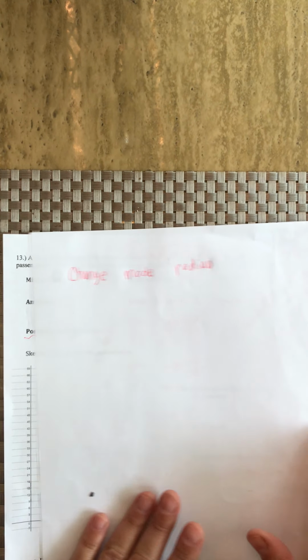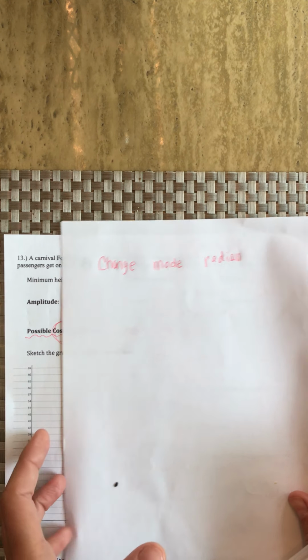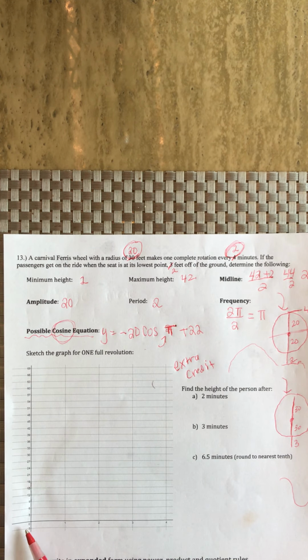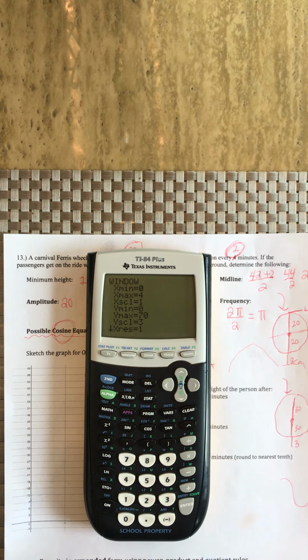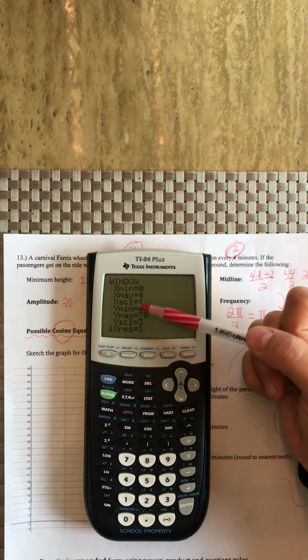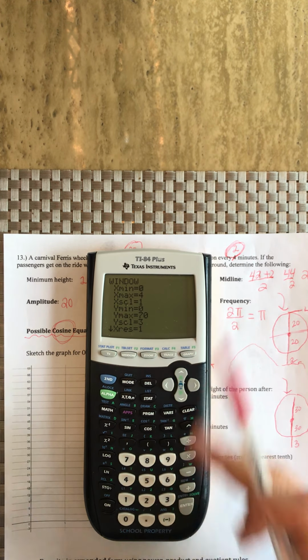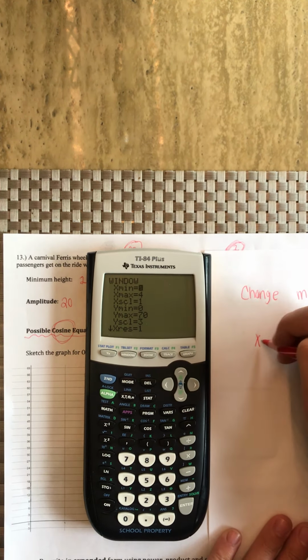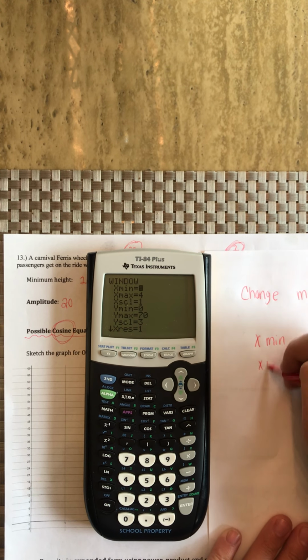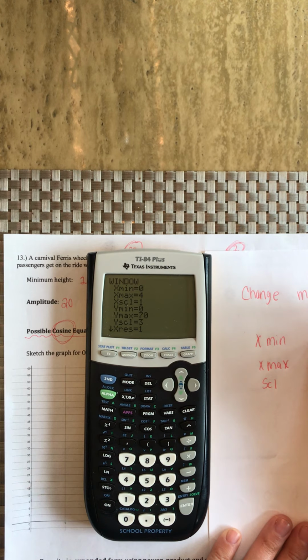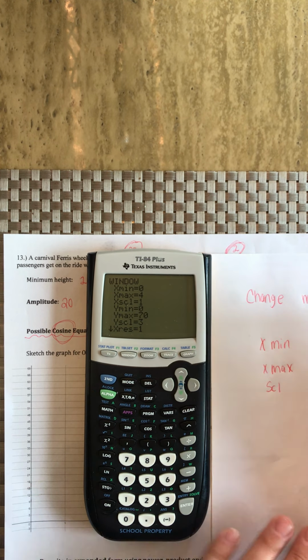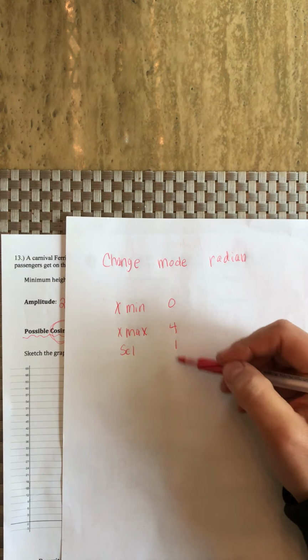Once you do that, you're going to go ahead and do your window. Notice this window right here, your x goes from 0 to 4, and the scale is going up by 1. So you should have x min, x max, and your scale: 0, 4, and 1. That should be your x.